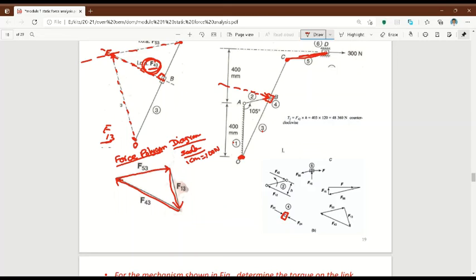So when I write here, I have to write it as F34. Same direction, parallel to this F43. I have to draw F34. At the same time, on the opposite side, one more force will be acting, that is F24.